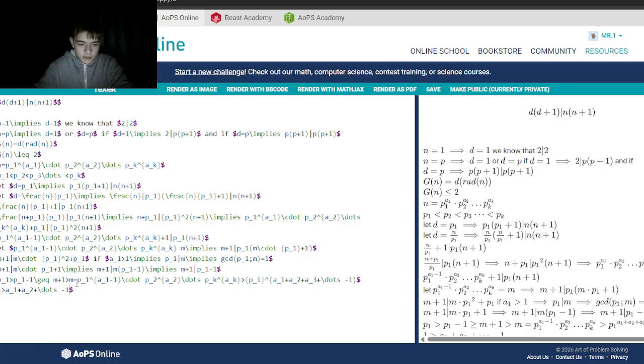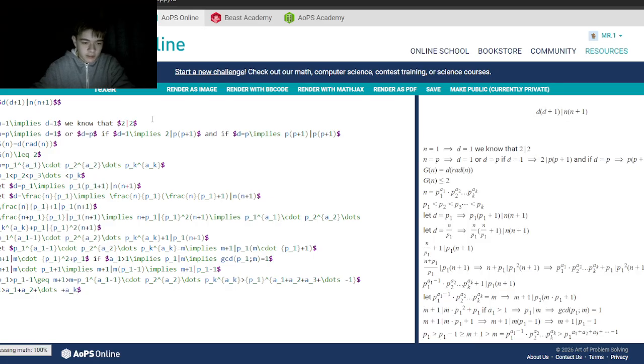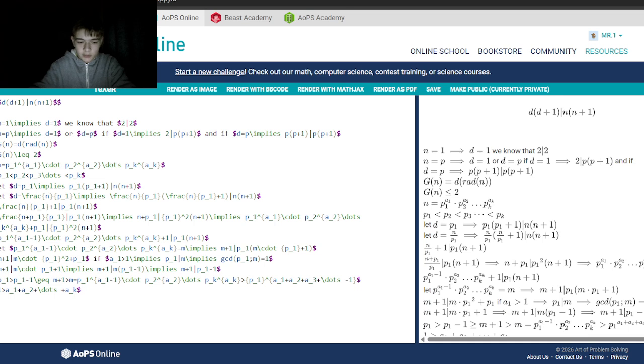So we can just move this to the left side, and we get that 2 is less than this, and there's only one option, that this is equal to 1.